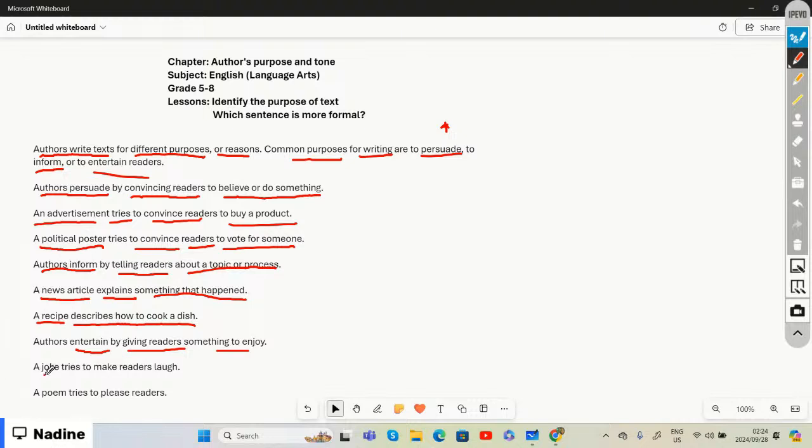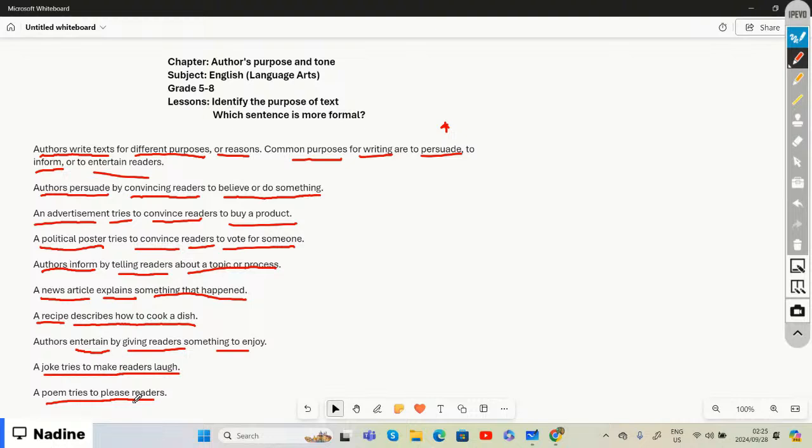A joke tries to make the readers laugh, and a poem tries to please the readers. Depending on the type of poem, it's like, oh, this is so good for the soul. It speaks. That is what the poem does.